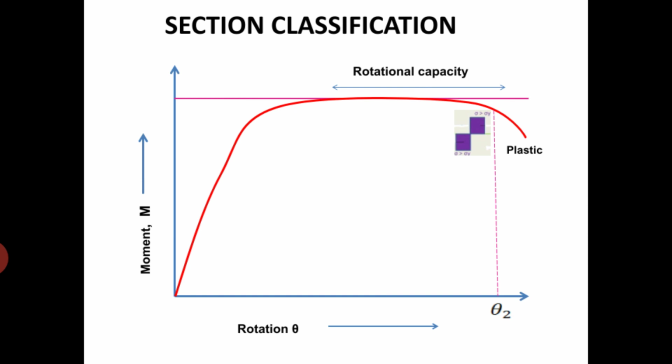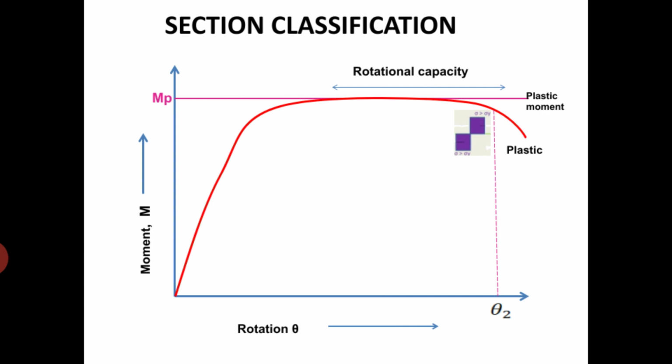And whatever moment you get for the plastic section is called the plastic moment, and that plastic moment is represented as MP. So this plastic curve represents cross sections that are fully effective under pure compression and are capable of reaching and maintaining their full plastic moment in bending, and hence used in plastic design theory.